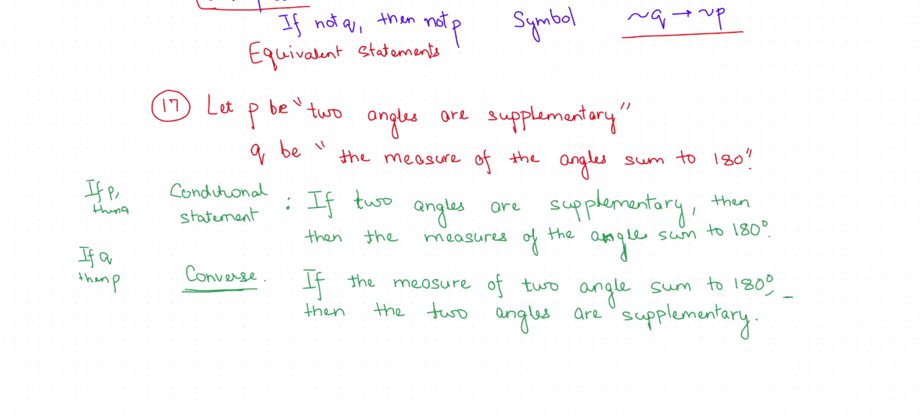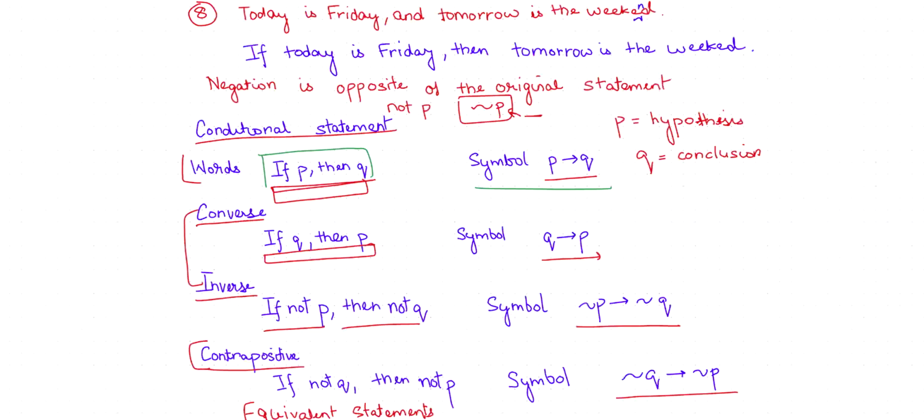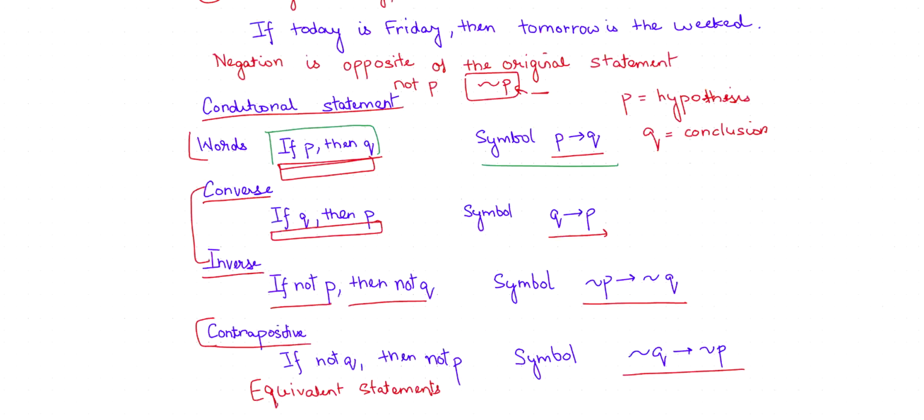So we wrote if Q, then P. This was P and this was Q. So now it is if Q, then P, which is the definition we wrote here. If Q, then P, and the symbol is Q arrow P.